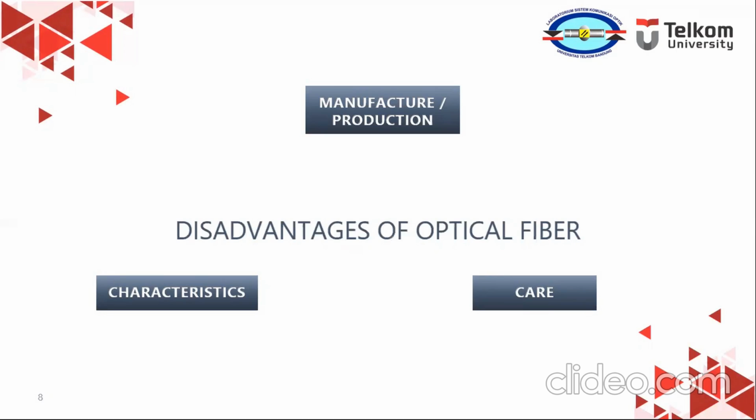For care, repair or service is difficult because it requires a skilled workforce and special and sophisticated technology. For characteristics, glass is susceptible to fracture and bending because it has a high level of stiffness and results in greater damping.